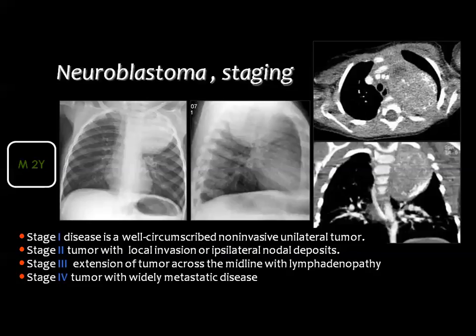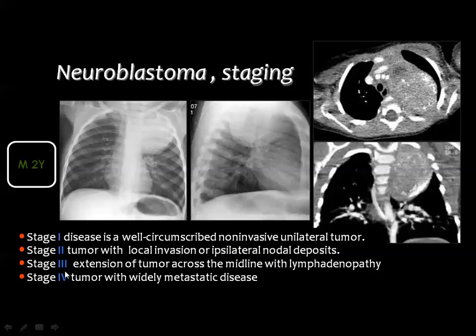Staging of neuroblastoma is easy. Stage 1 is a well circumscribed unilateral tumor with no invasion of the surrounding structures. Stage 2 is the tumor with local invasion or ipsilateral nodal metastasis.